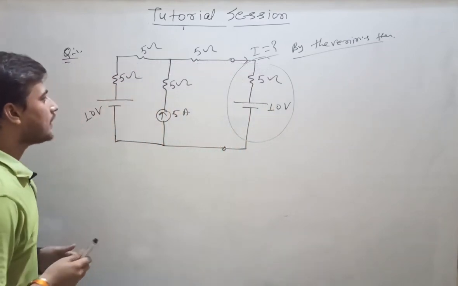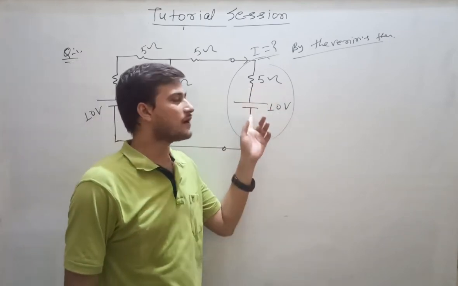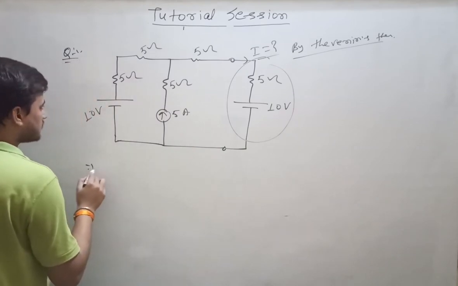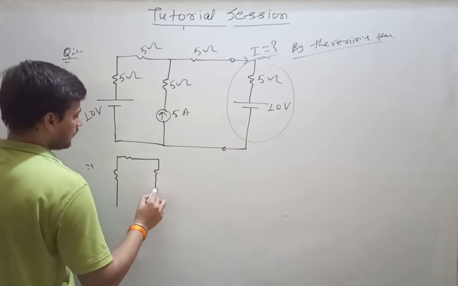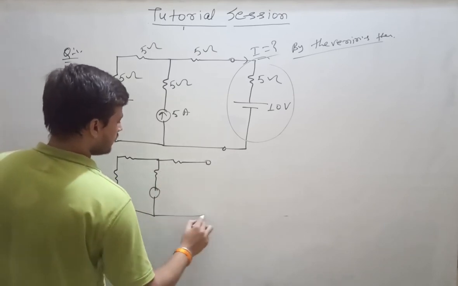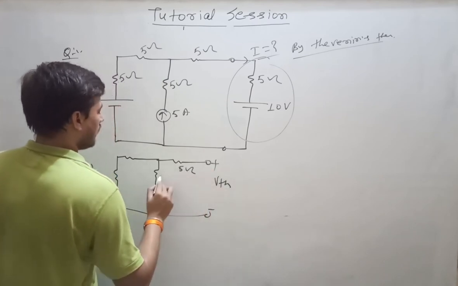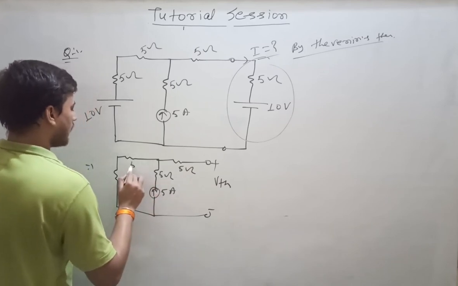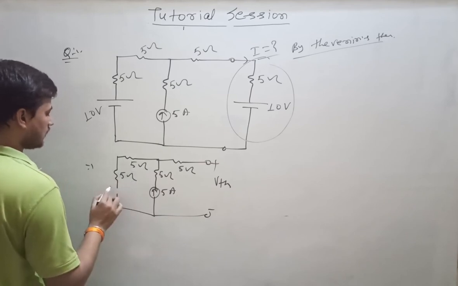To find this current I, the first step is we'll disconnect the load and find VTH. So let's disconnect the load and find VTH, plus minus. It is 5 ohm, this is 5 ampere, 5 ohm, this is 5 ohm, this will be the potential 10 volt.